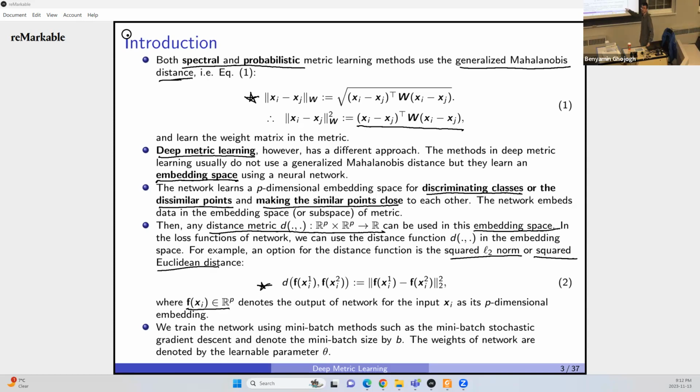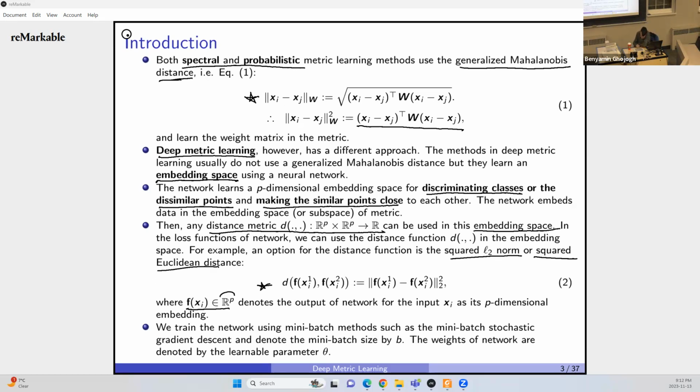Xi is the input. F of Xi is the output of the neural network for the input Xi. Assume my neural network has p neurons at the end. As a result, F of Xi is p-dimensional, and then I can calculate the distance between F of Xi1 and F of Xi2, 2 points, right?